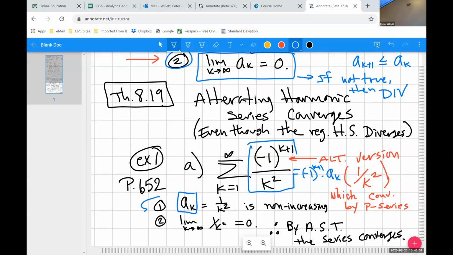And so because I'm doing my 1 and 2 here from the alternating series test, I'm then applying the notation from the test, which says look at the a sub k part that came after the -1 to a power, and then determine if that's non-increasing and if it goes to 0. Okay, yeah, that makes more sense now. Thank you. Okay, great question. Other questions at all about this example of using the alternating series test for convergence?